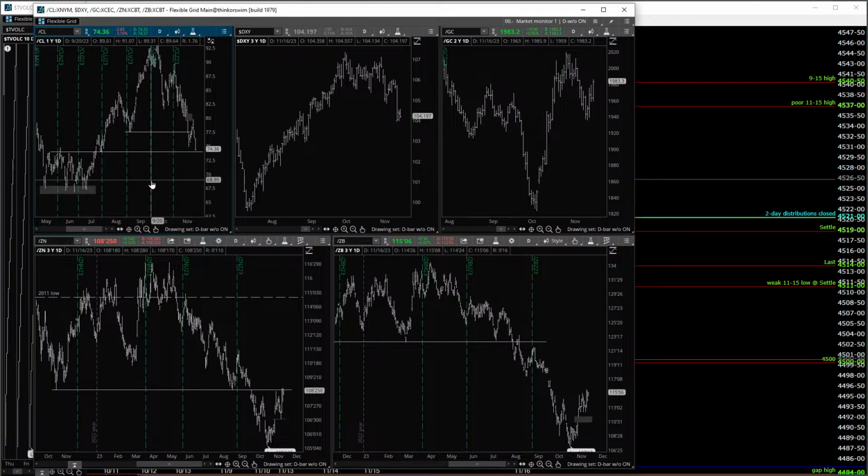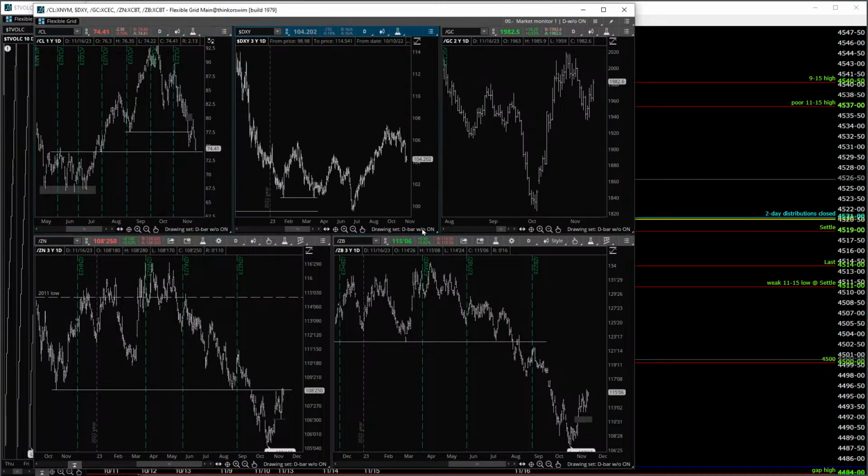Don't know, right? There is some recovery of bonds. The higher this goes, the lower the rates are. The dollar is in the center of the range.